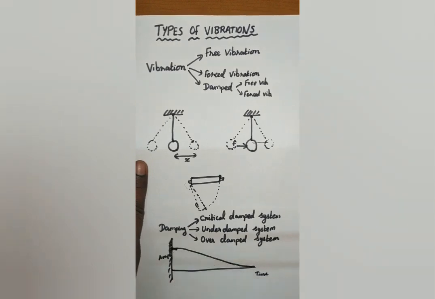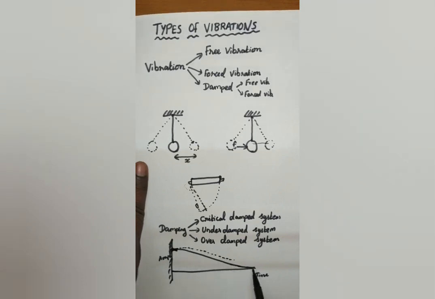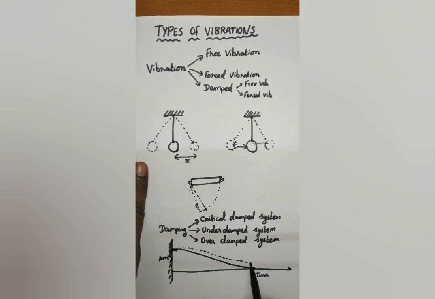If you take over damped system, the damping effect is very high, so it will take more time to close the door. The same point, it is starting here, and obviously it will consume much time to close. That is over damped system.